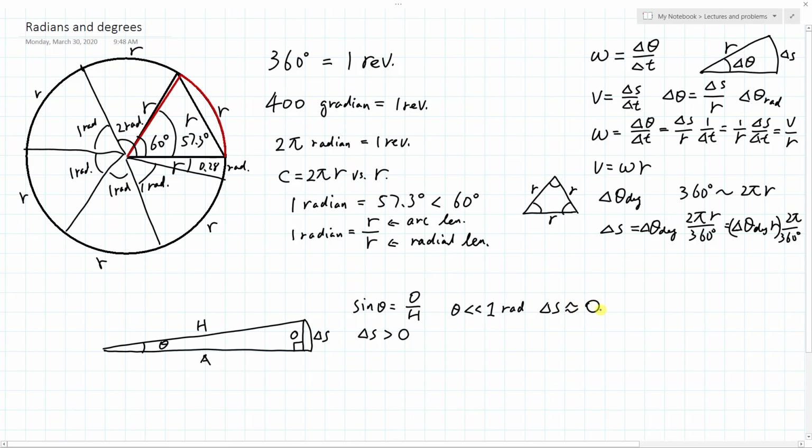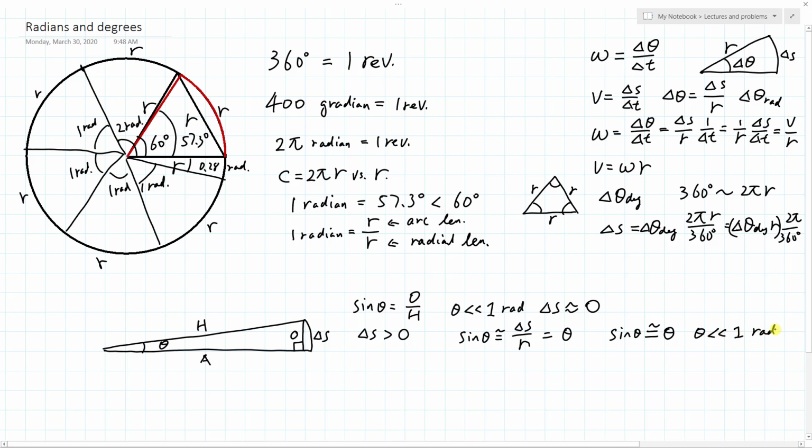So sine theta is approximately equal to the opposite, delta s, over h, and this h turns into an r. So these are now both radii. An arc length over radial length is actually theta. So now we have sine theta approximately equals theta, when theta is much less than 1 radian.